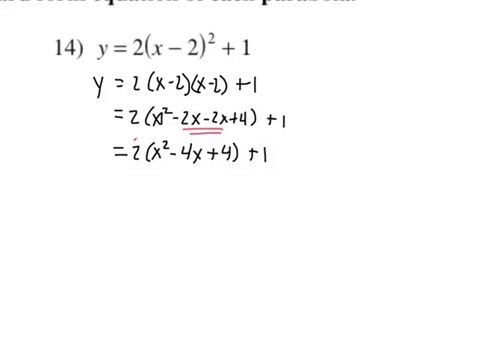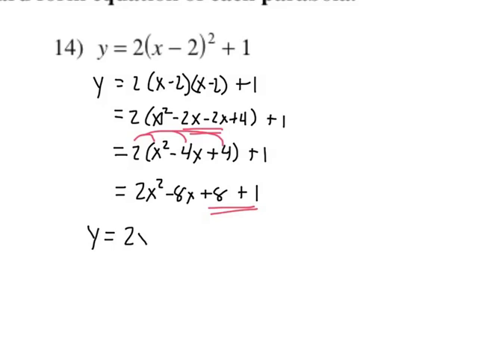And now I've got to distribute my 2 through. So 2 times x squared is 2x squared. 2 times negative 4x is negative 8x. 2 times 4 is 8, plus 1. And again, I have to combine like terms. So standard form is y equals 2x squared minus 8x plus 9.